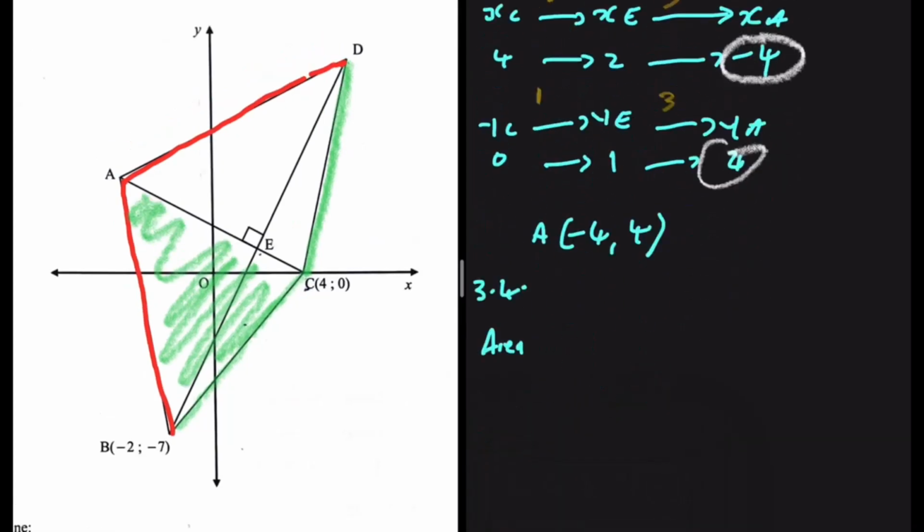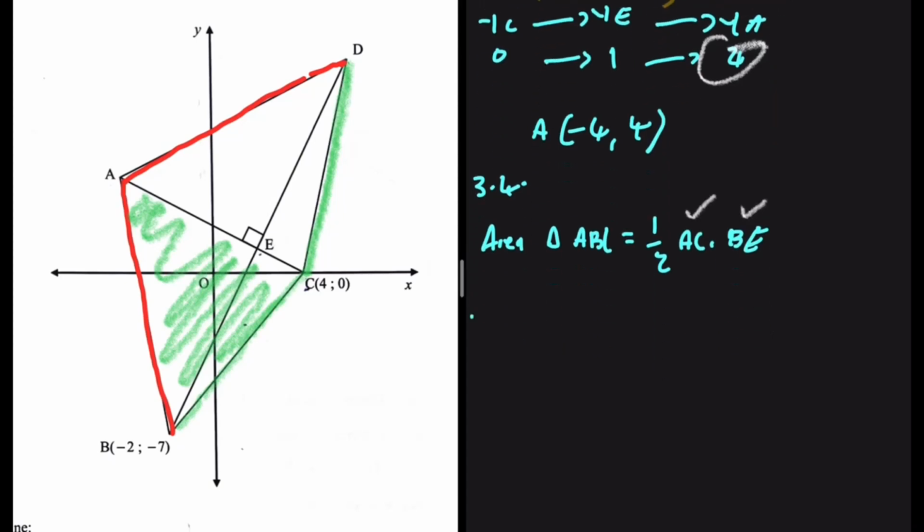The area of triangle ABC will be equal to half base. Our base is AC multiplied by our height, which is BE. We need to calculate the length of AC and the length of BE. What is the length of AC? AC will be equal to the square root of y2 minus y1 squared plus x2 minus x1 squared.